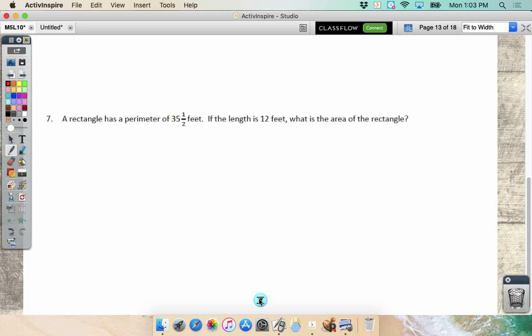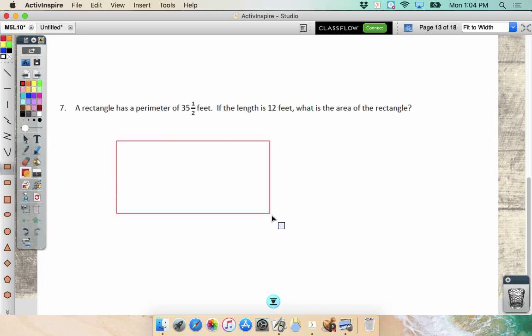Okay, and then we'll go back up if we have time, and we'll do the top one. So eyes up here. Don't start on number 6. Go straight down to number 7, and I'm going to read it. A rectangle has a perimeter of 35.5 feet. If the length is 12 feet, what is the area of the rectangle? This is a problem you're going to see. Now, what do you notice first of all?